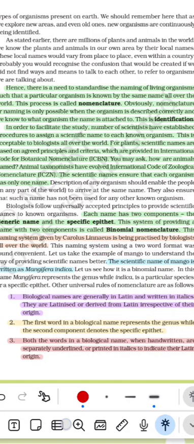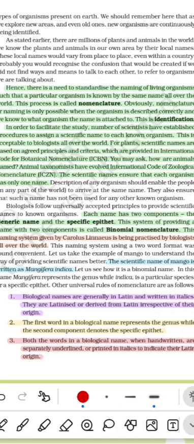You may highlight it, but I will highlight only one point.